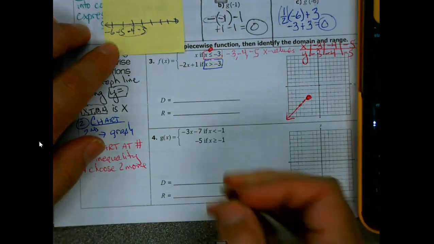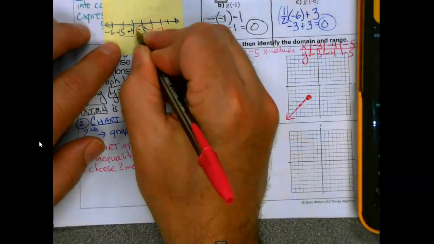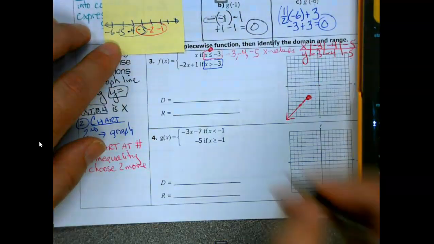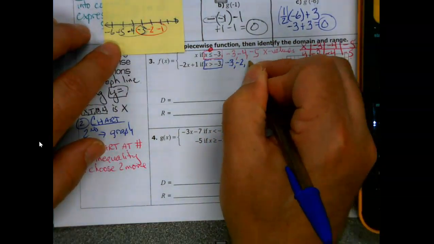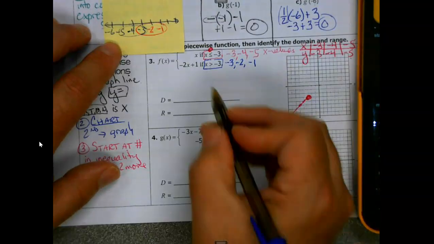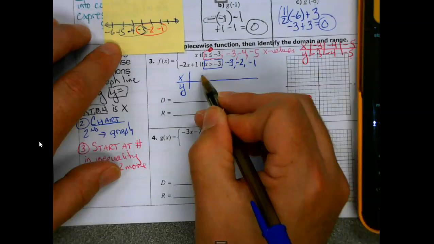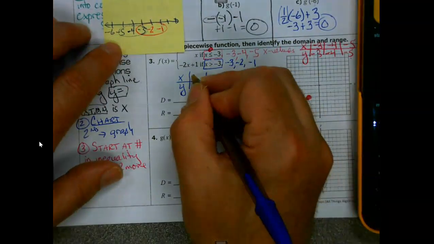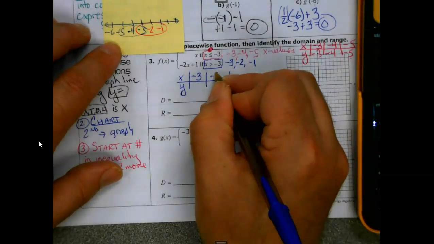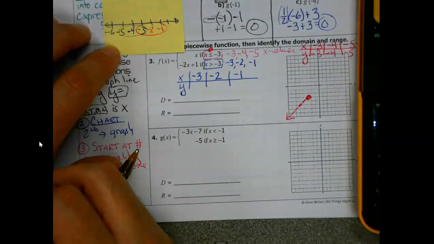Now this time, x is greater than, so we're going to be going to the right. We're going to be adding 1 each time instead of subtracting 1. So my x values are going to be -3, -2, -1.